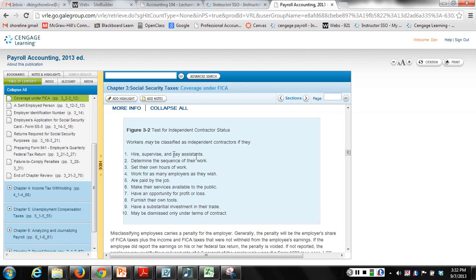So all of these are indicators that you're dealing with an independent contractor. And you can get close on some of them, or you can get to this issue. Is $500 a substantial investment, or does it have to be $5,000? Does it have to be $200? These are all subjective tests, and so it's a dangerous area to start making quick assumptions.